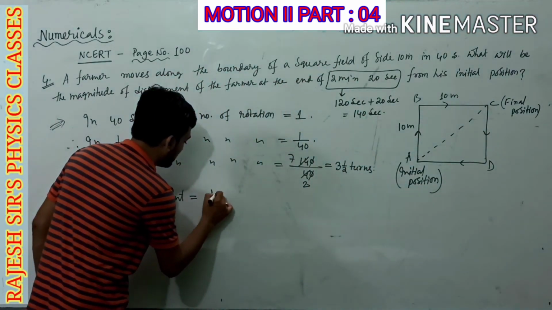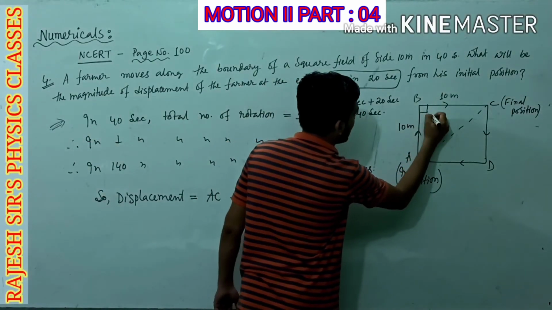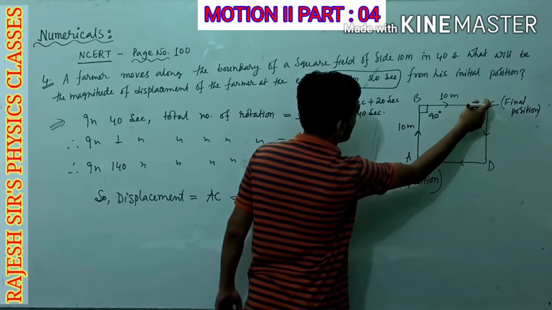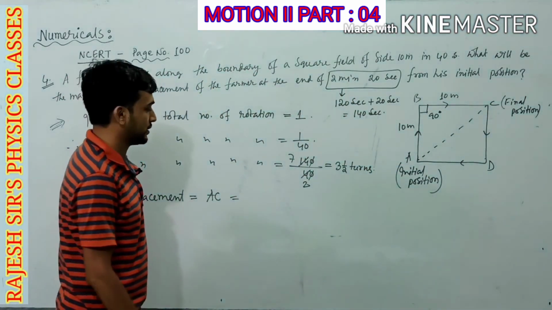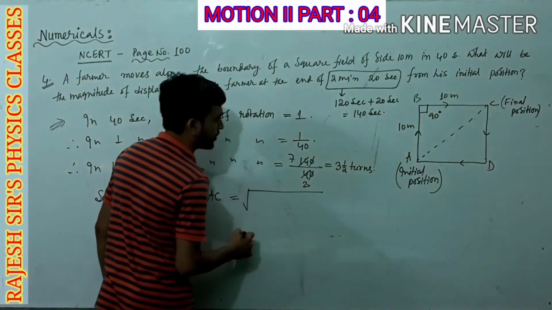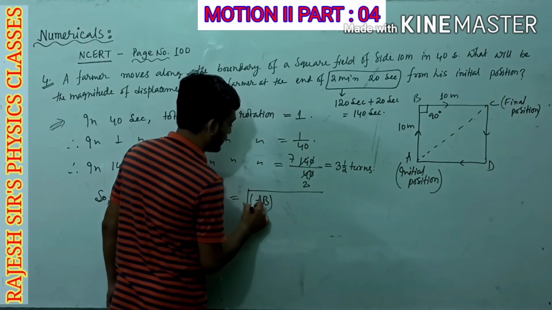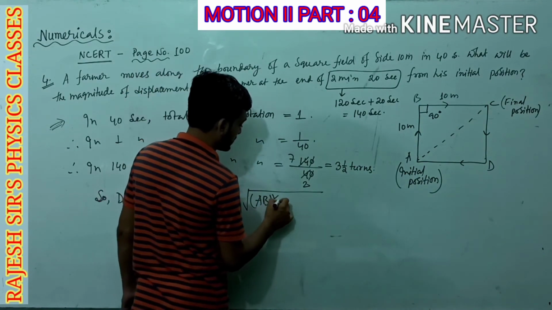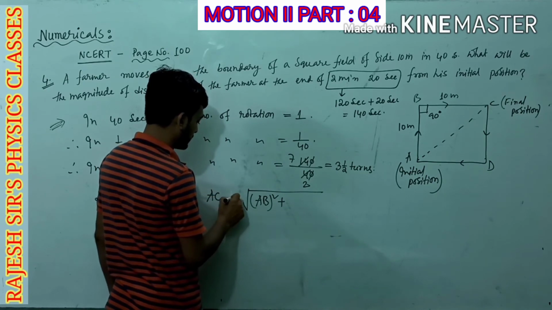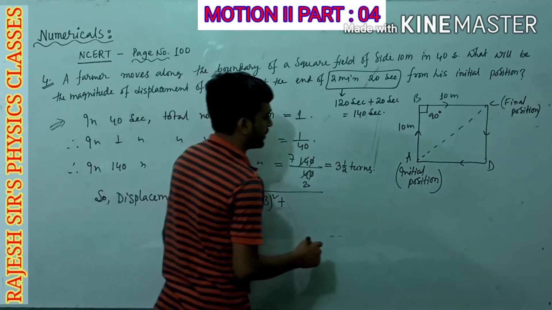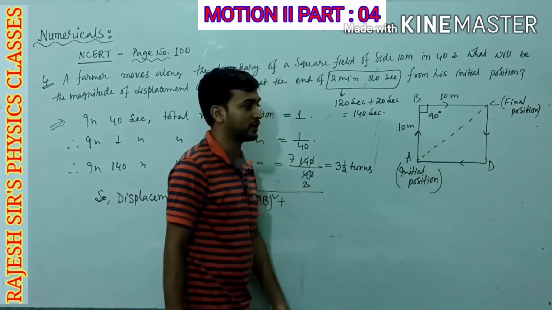So this will be AC, and AC is what? If we consider right angle triangle ABC, AC will be the hypotenuse.